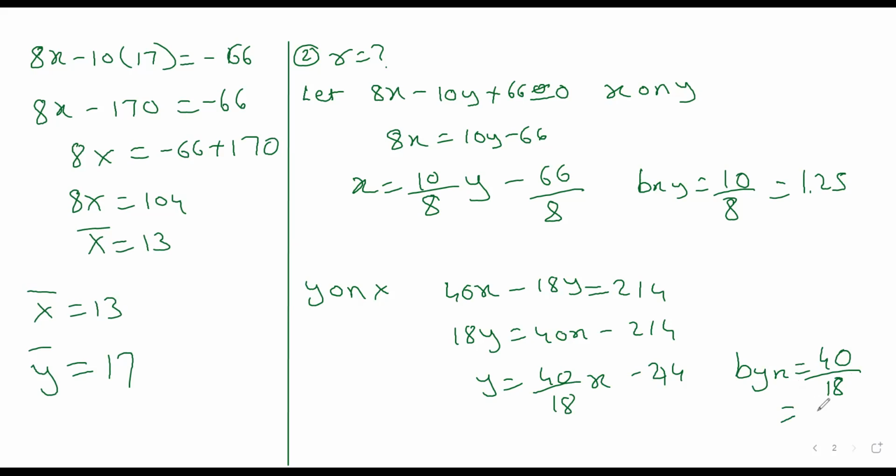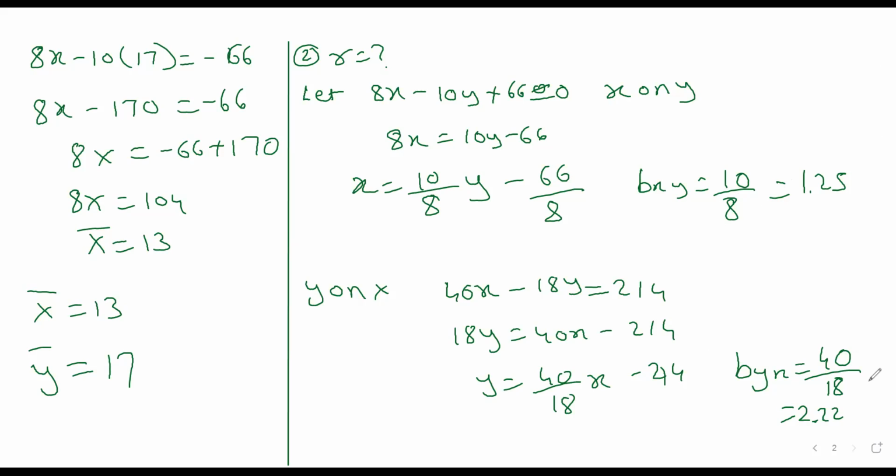It is 2.22. Now we have to first find out if they are satisfying all the regression coefficient properties. First, both should be of the same sign. They have the same sign. Second, if one is greater than 1, then the other has to be less than 1. That is not satisfied here. Both of them are greater than 1. It means my assumption is wrong.